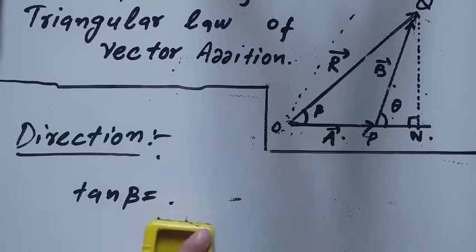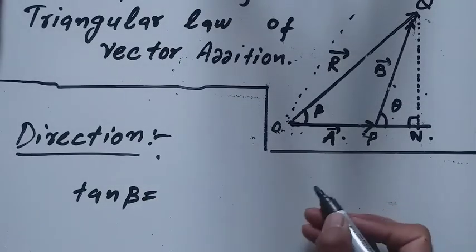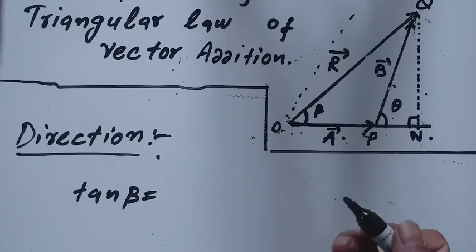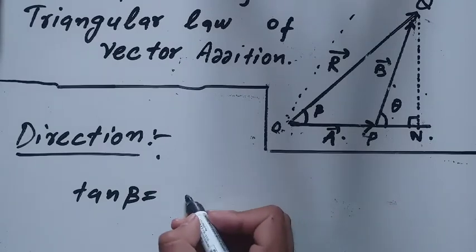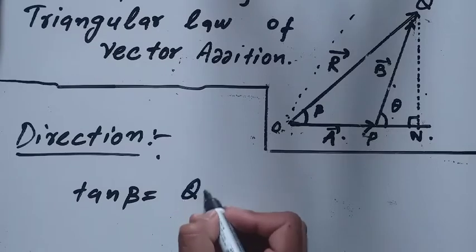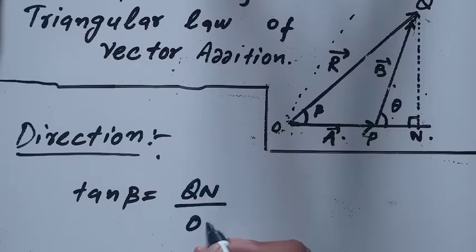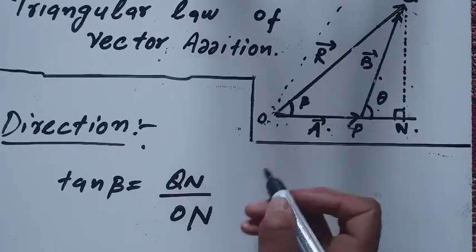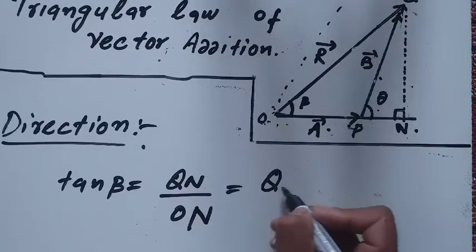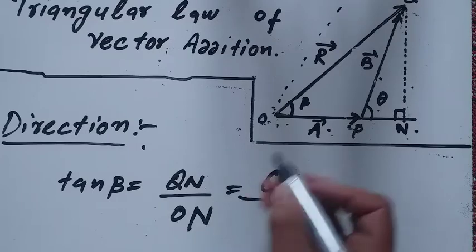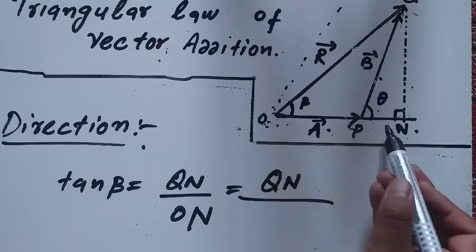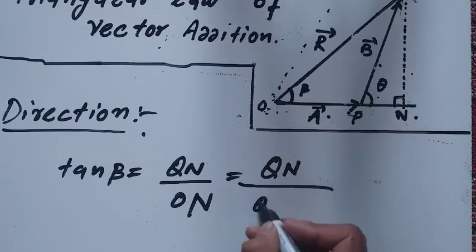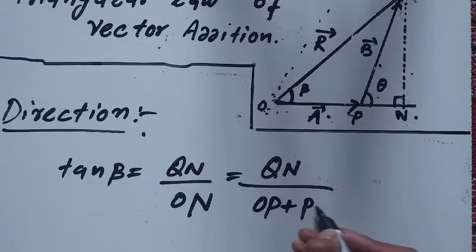Sorry, we know tan theta is equal to perpendicular divided by base, that is we can write QN divided by ON. Now we know that ON is equal to the sum of OP and PN, that is OP plus PN.